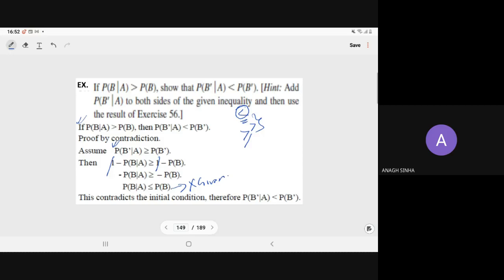No, sir, because it is given in the question as a statement that probability of B given A is greater than P of B. You have to consider this. We have to show that under this condition, prove this. We are assuming this condition, which we cannot prove, means this is a contradictory condition. So we are proving that under the contradictory assumption, we have a contradictory result.